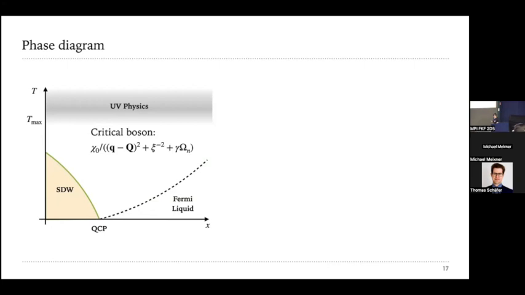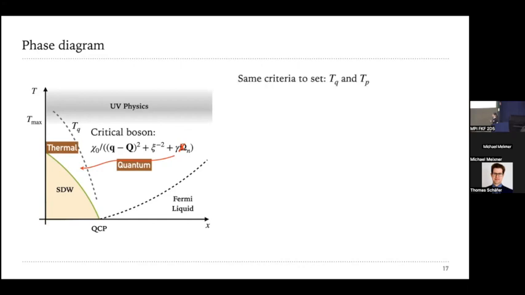And we found that by comparing the Landau damping term with the spin correlation length, there are two regimes. Near the SDW ordered phase is thermal fluctuation dominated, and away from it is quantum fluctuation dominated. And we can set a crossover temperature between these two regimes.